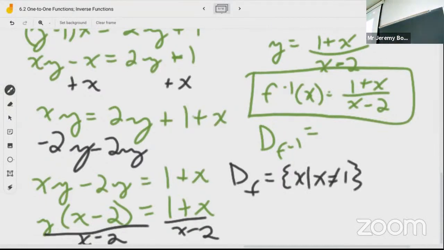Yep. Why can't x equal 2? Yeah, we have a 0 in the denominator there. It's going to be undefined. So for an inverse function, it's x such that x cannot equal 2.